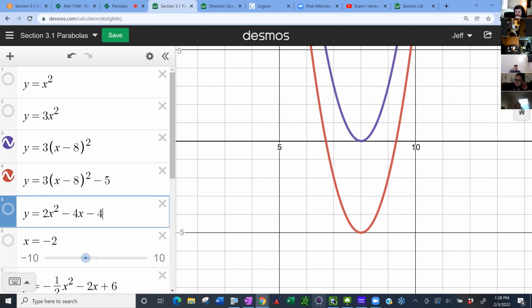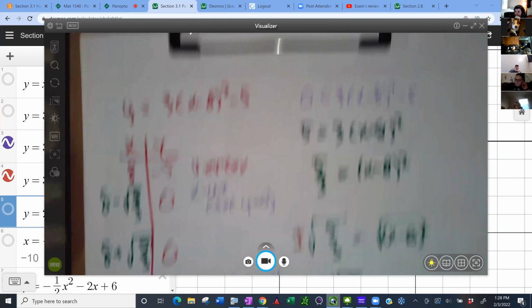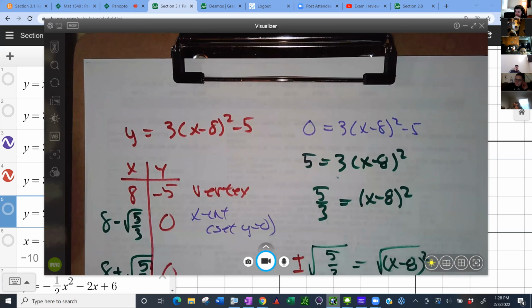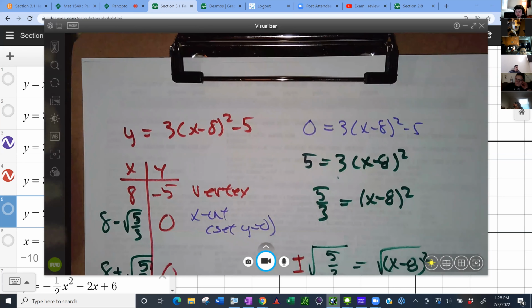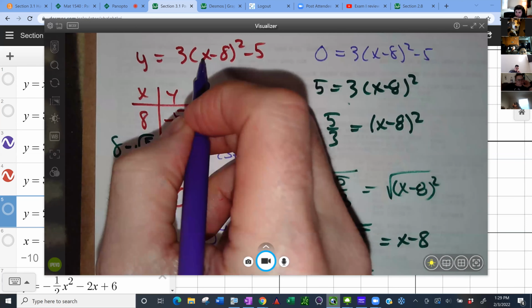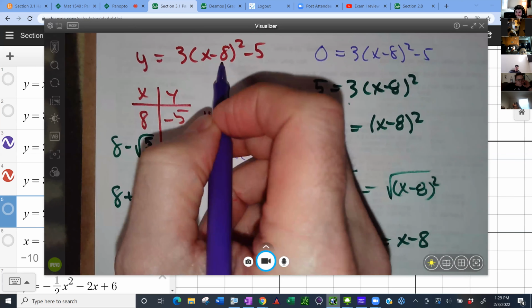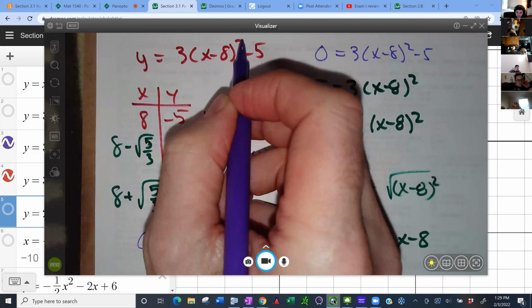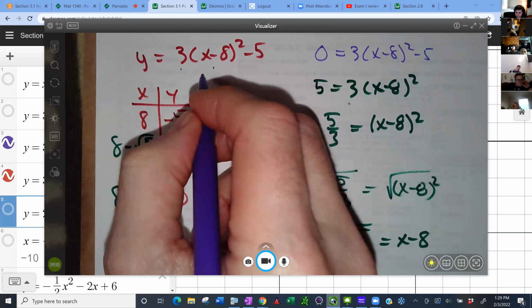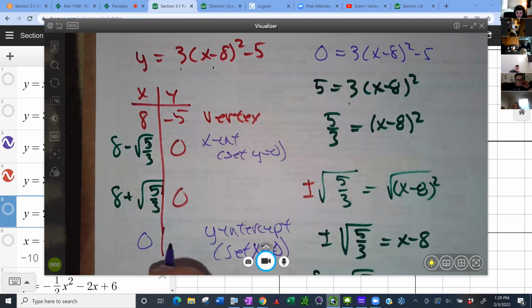We've already completed the square, right? That was done for you when the problem was given to you. So to find the y-intercept, you're going to set x equal to 0. So that's 0 minus 8 is -8. Squared is 64. 3 times 64 is 192. 192 minus 5 should be 187.